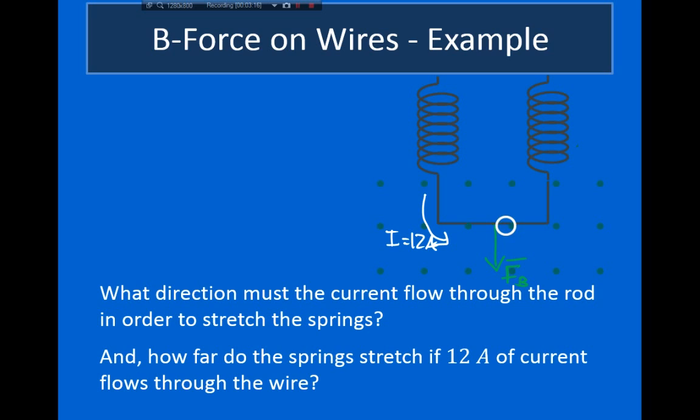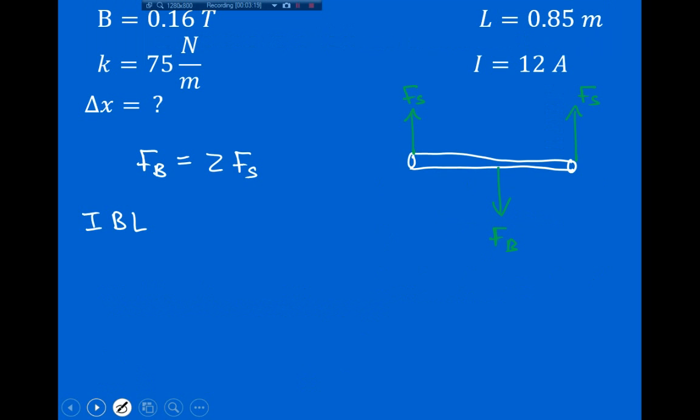So there's a 90-degree angle between those two things, and sine of 90 degrees is equal to 1. So we have IBL times sine of 90 degrees, but this quantity is really just equal to 1. And that's going to be equal to 2 times this force that's exerted by these springs on either end, and that's equal to, remember, the spring force is k times delta x.